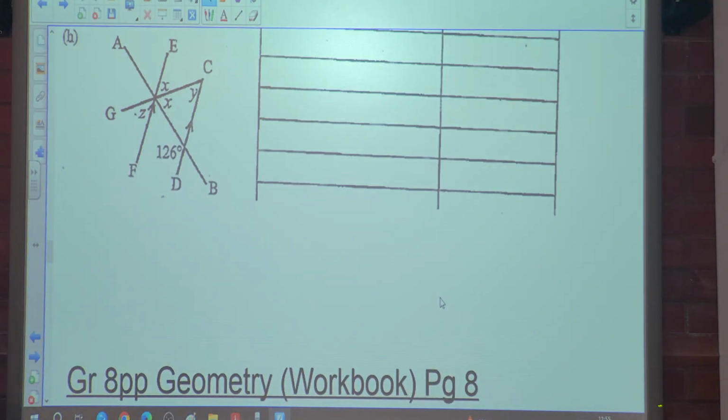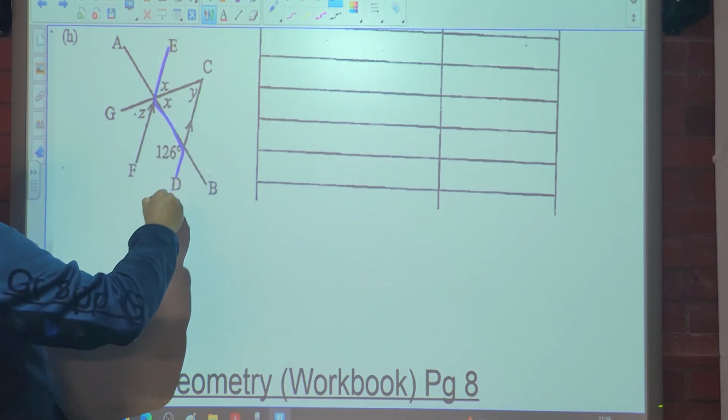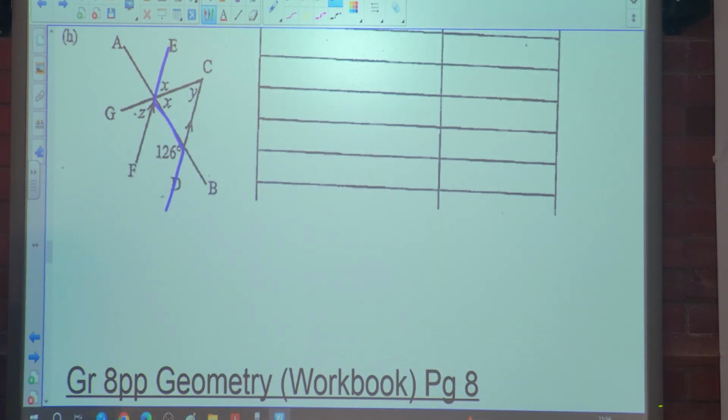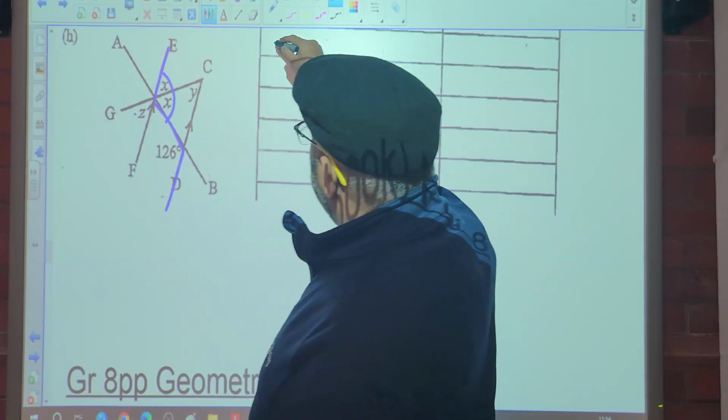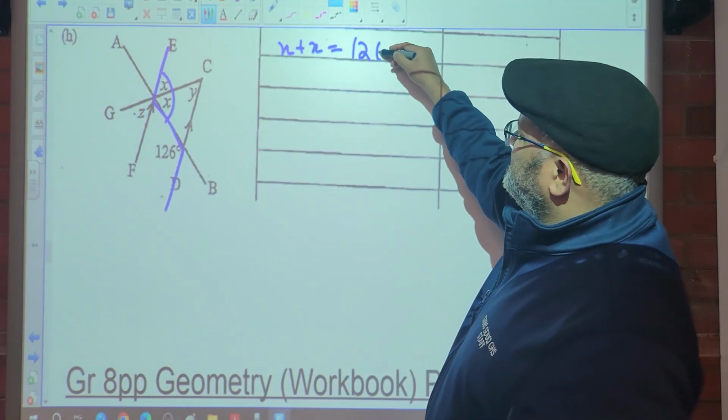I will calculate X. Alternate angles again. Those of you who don't see it, please use the Z. So what can I say? X plus X is equal to 126 degrees.